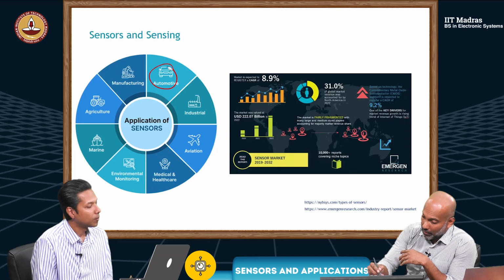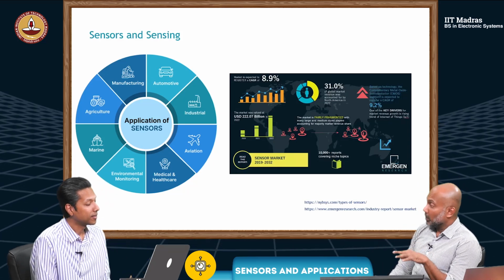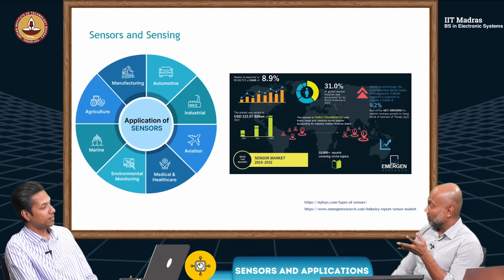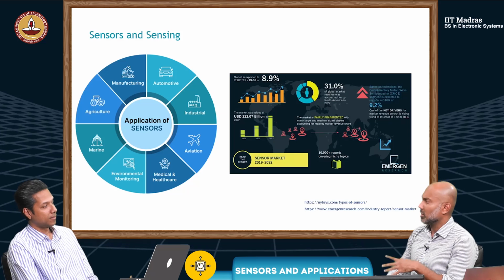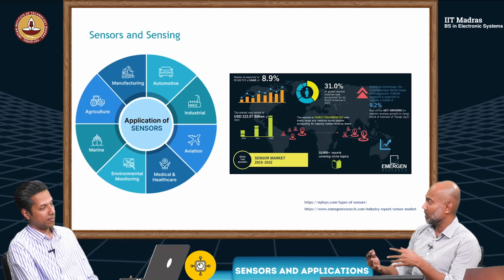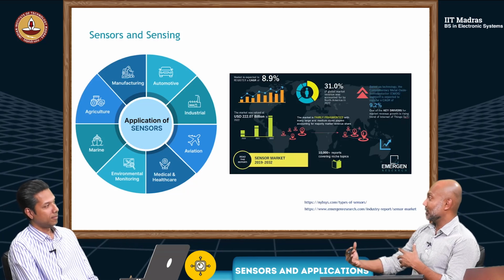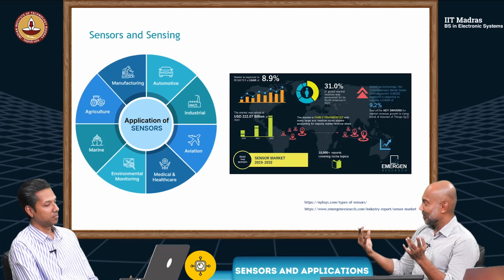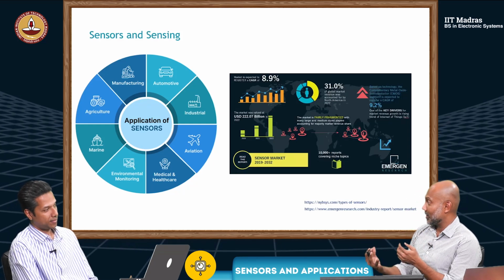Even medical. There are lots of different biomedical and medical sensors. If you look at the market in the US, for example, the medical sensor market is huge. Aviation, again: airplanes. How do you know where you're going, for example? So many different environmental conditions.